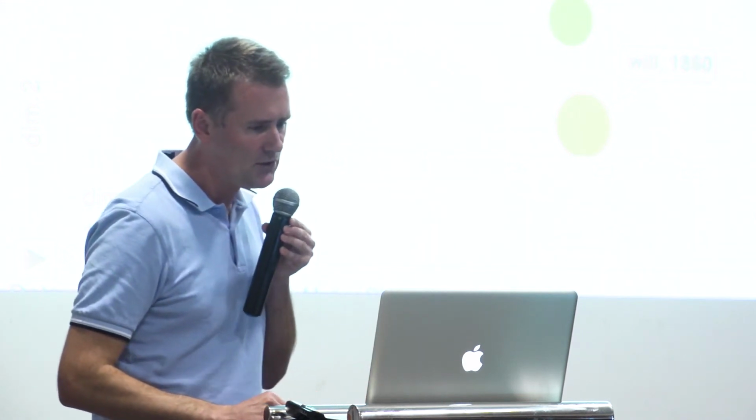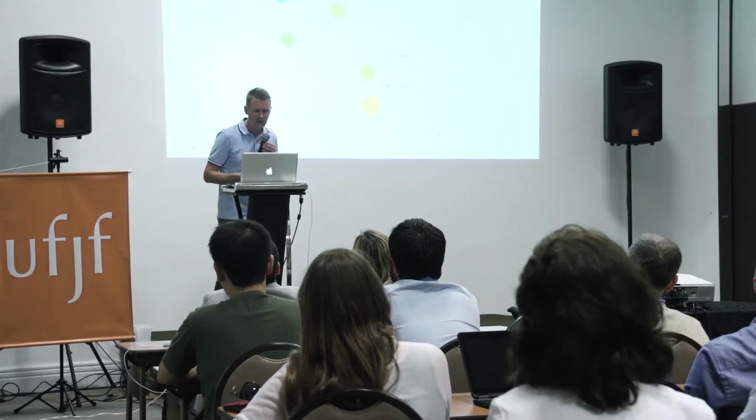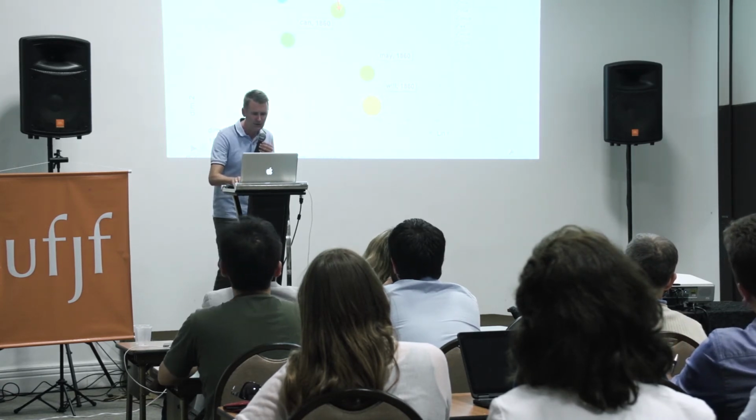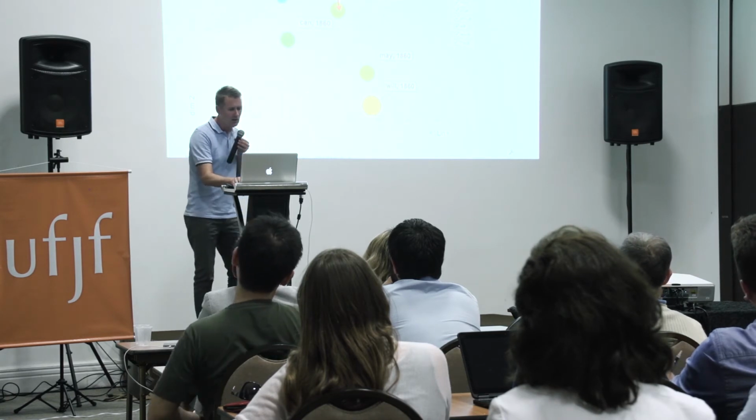Each modal construction is a bubble, and bubbles that are close to one another occur with similar sets of lexical verbs at similar frequencies. So you see that, for instance, must and should are relatively close, whereas could and may are relatively far apart.